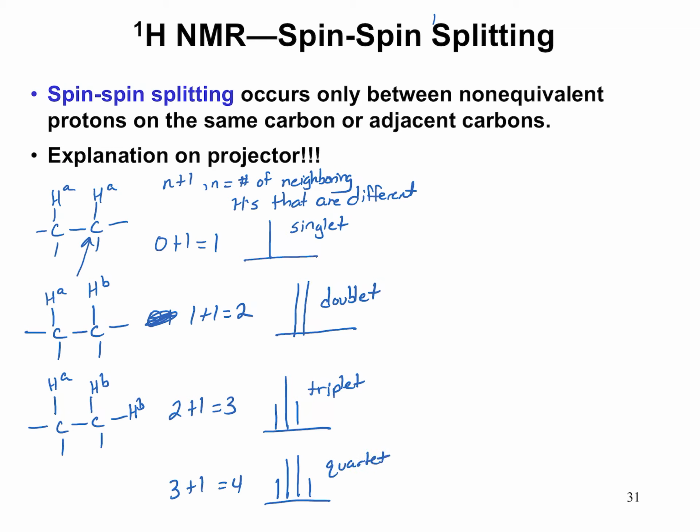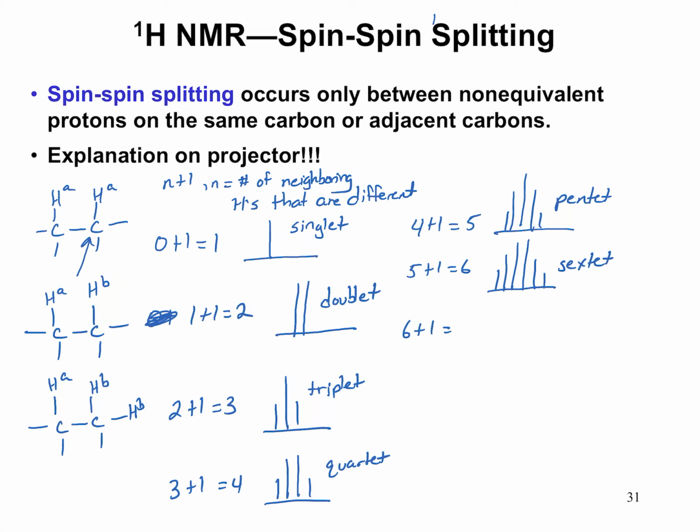If there were 4 neighboring hydrogens that were different, it would be 4 plus 1, that equals 5. This is what we call a pentet. If there were 5 neighboring that were different, that's 5 plus 1, that is 6. That's a sextet. Keep in mind that it's always symmetrical.